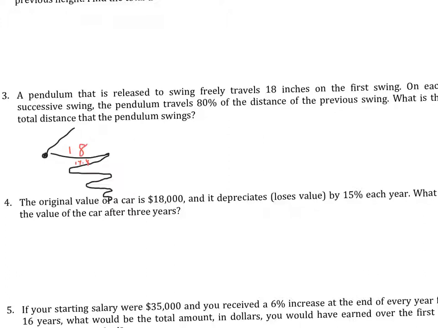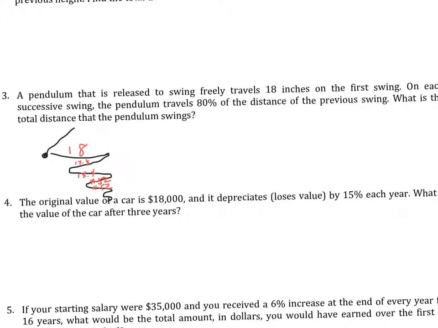So after 80% of 18, it goes 14.4 inches, and then it swings back 14.4 inches. And then it takes 80% of 14.4, which is 11.52. So then this is 11.52, and then it swings back 11.52, and so on and so forth.